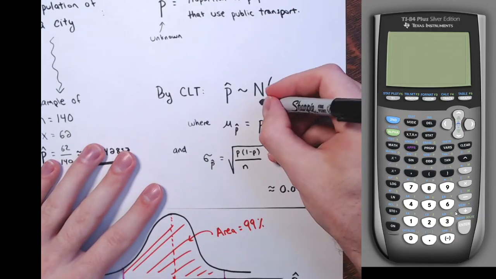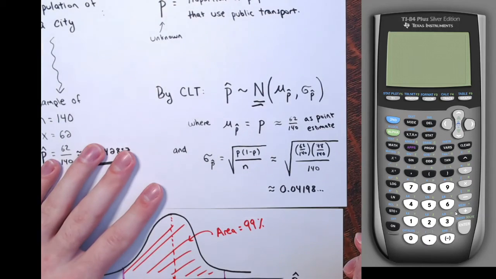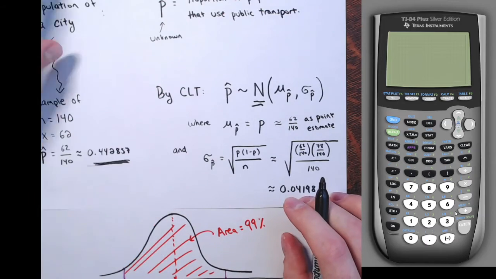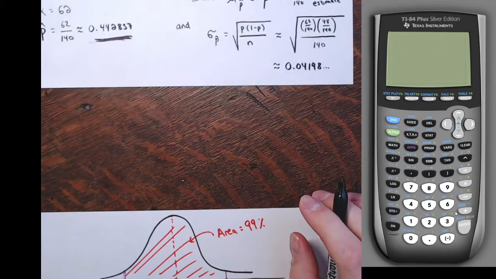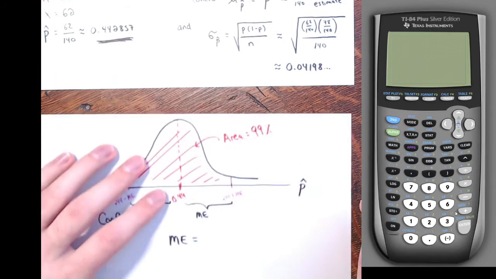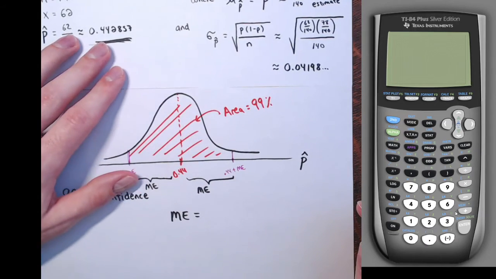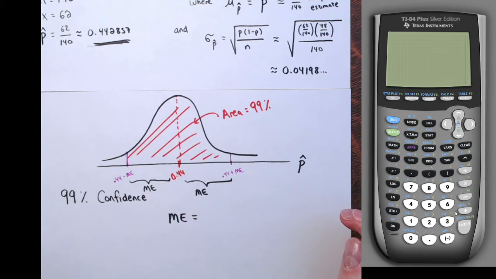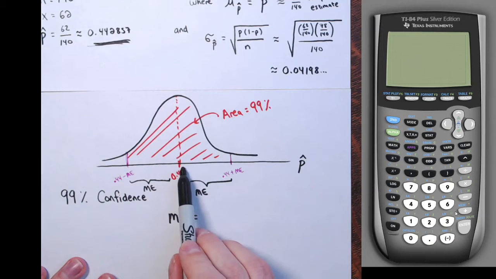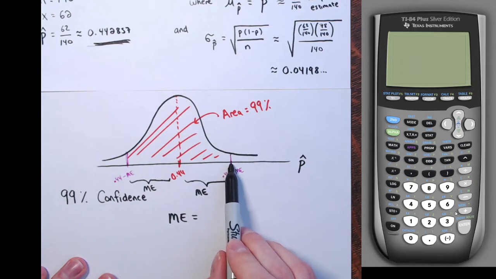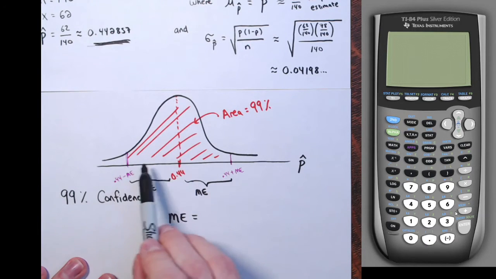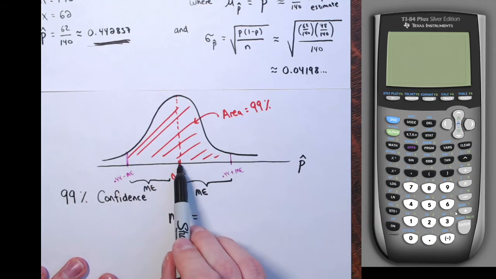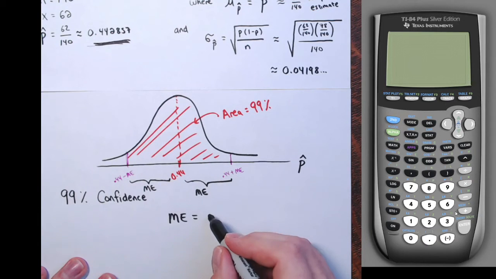This is a normal distribution, not one of those Student's t distributions, like when you were estimating a mean and had sigma unknown, when the population standard deviation was unknown. Here we're dealing with an actual normal distribution, so it's going to involve z-scores. To figure out how far the upper value and lower value are from the middle, I need a z-score.